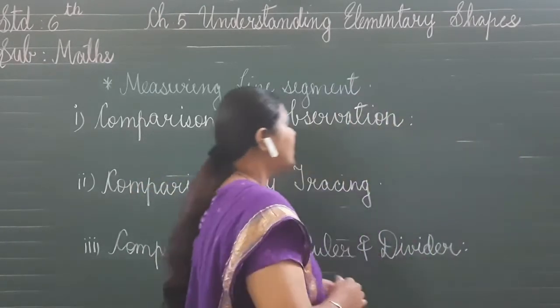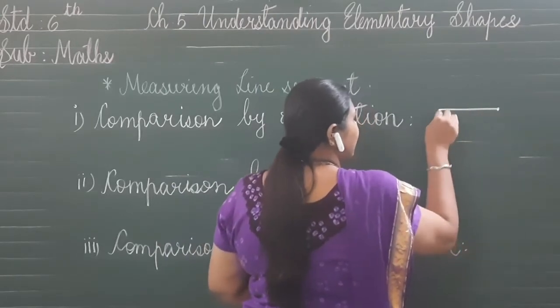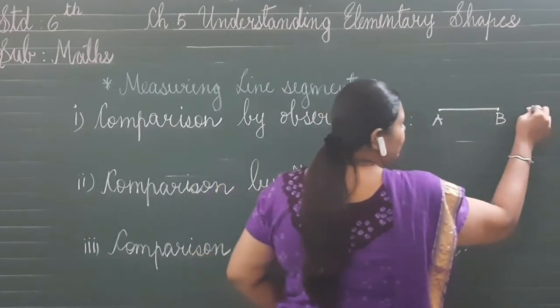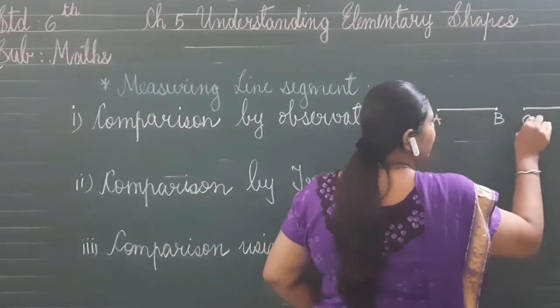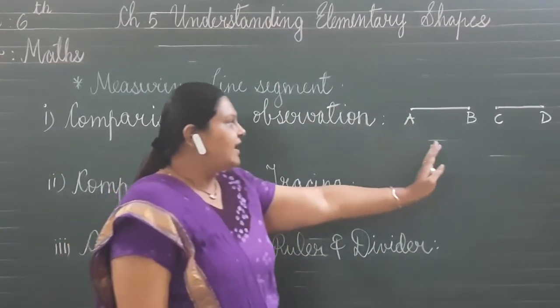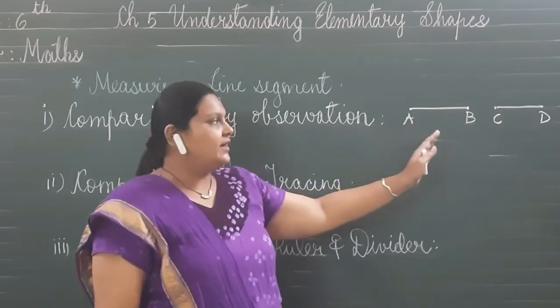Let us see. If I want to measure these line segments, say line segment AB and CD, by observation I can say immediately that CD is smaller and AB is greater.